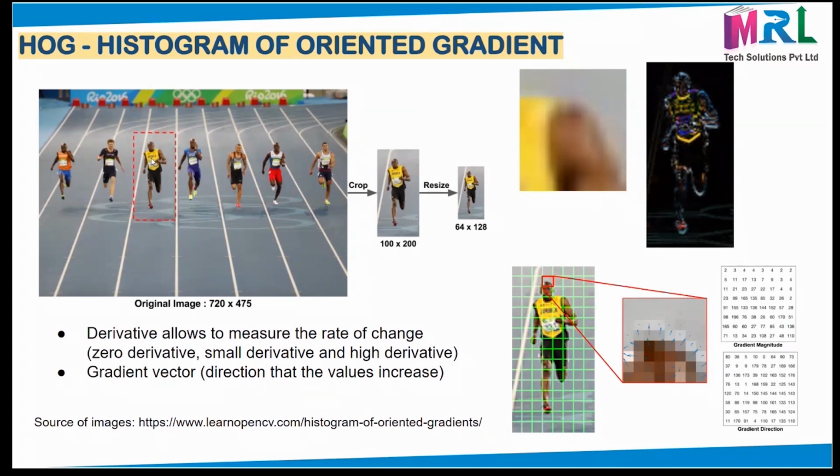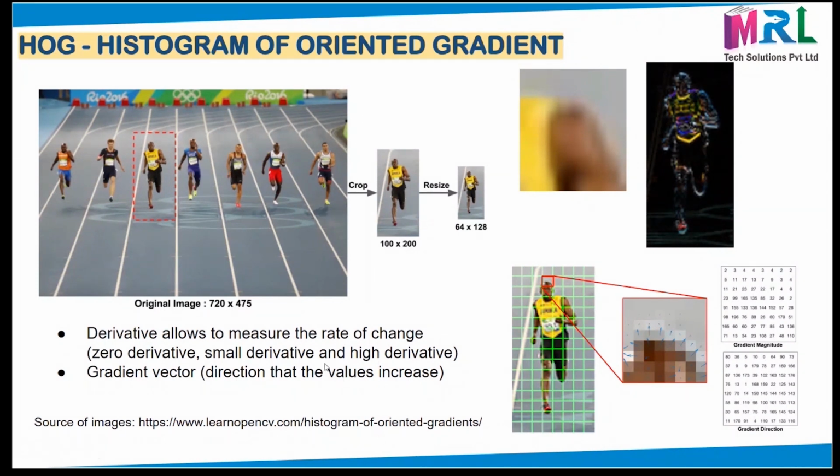For example, in the yellow t-shirt, the difference between this place and this place is almost zero because it is the same t-shirt and the same color. So there will not be any variation, and the derivative gives us the variations. That comes under zero derivative.